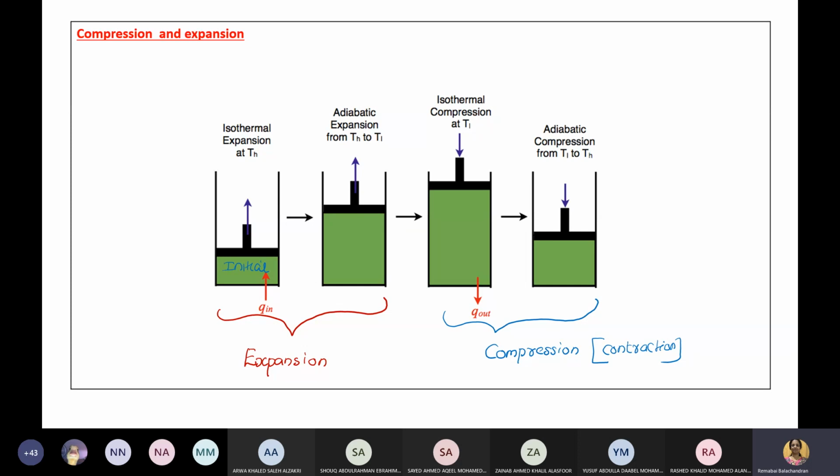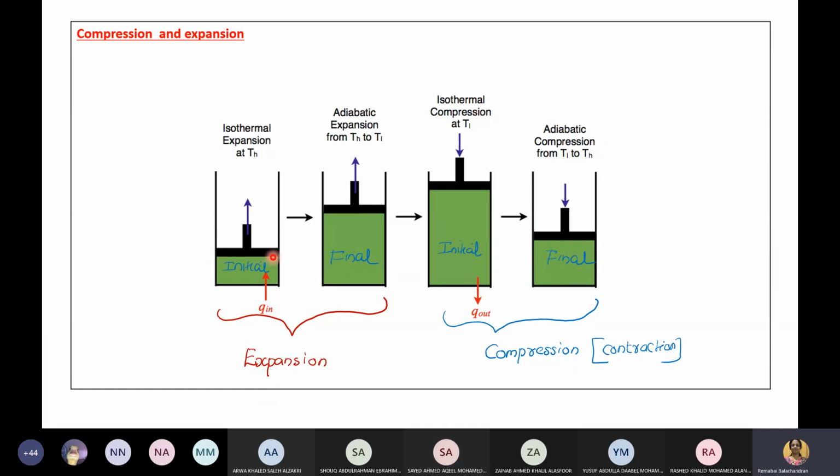Did you see what I wrote on this? Yes. I hope you understood the meaning of this expansion now, right?